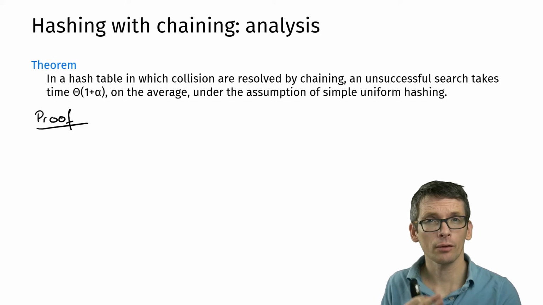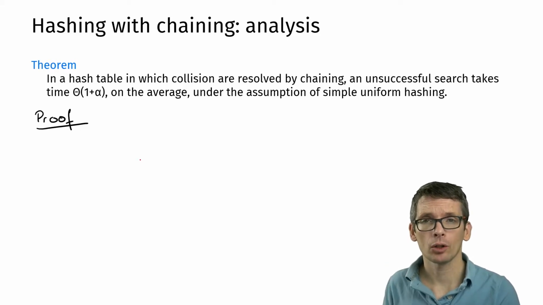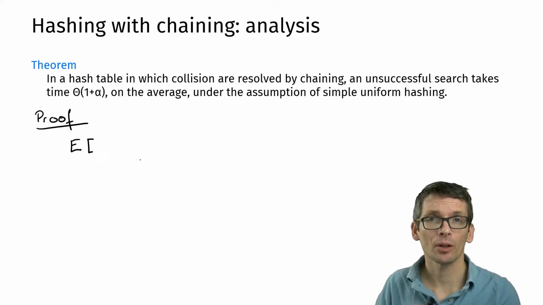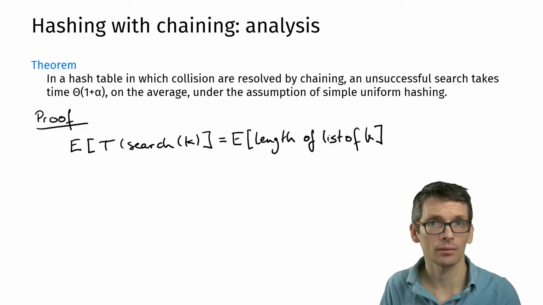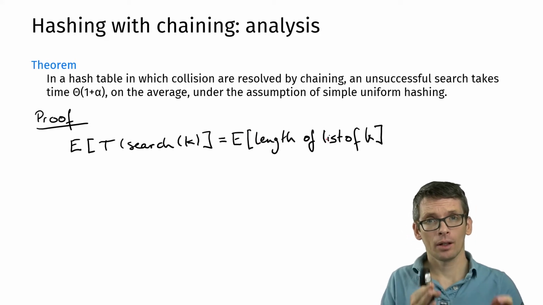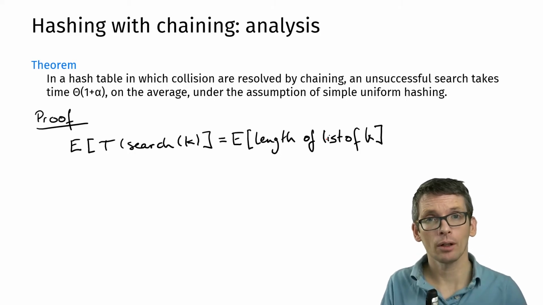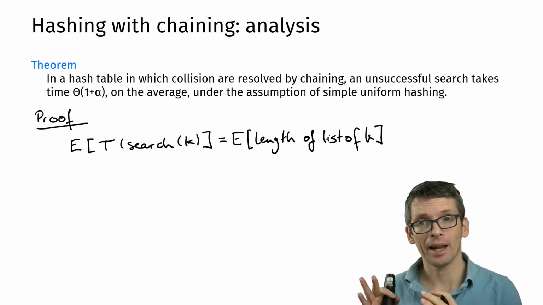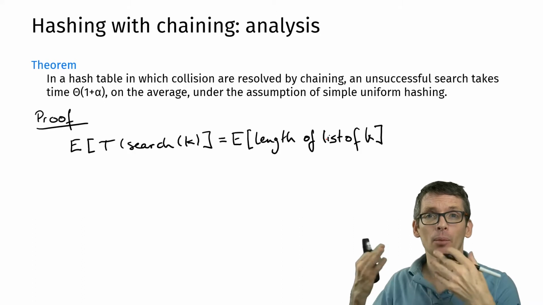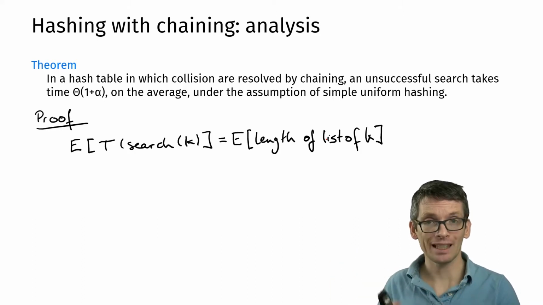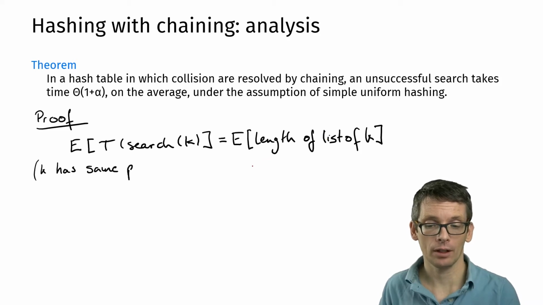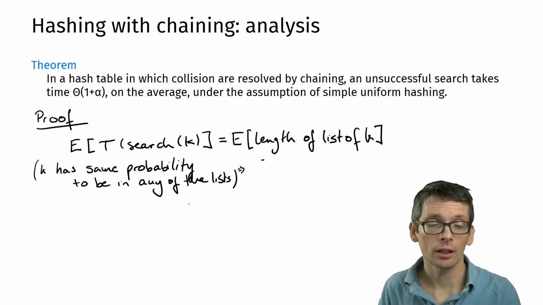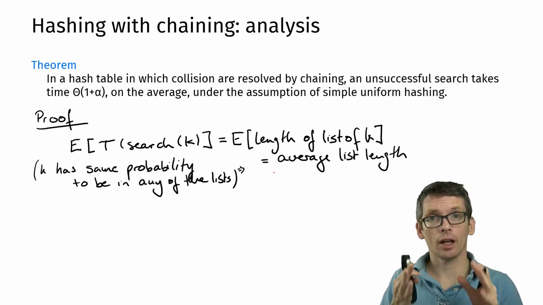We are searching for an element, and the expected search time corresponds to the expected length of the corresponding list. Now, the element that we're searching for, because of the simple uniform hashing assumption, has the same probability of being in any of the lists. That means that the expected length of a list actually corresponds to the average length of a list.